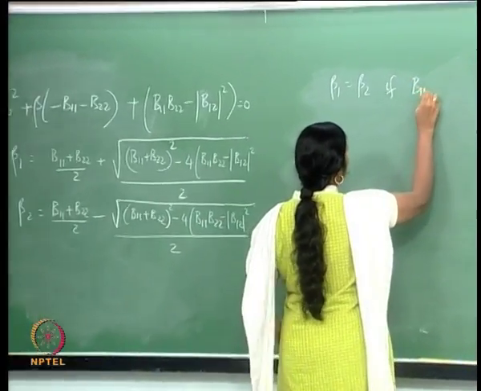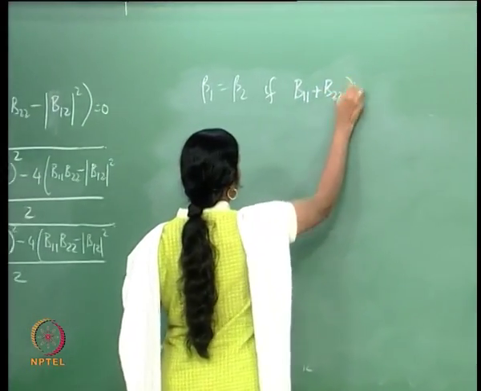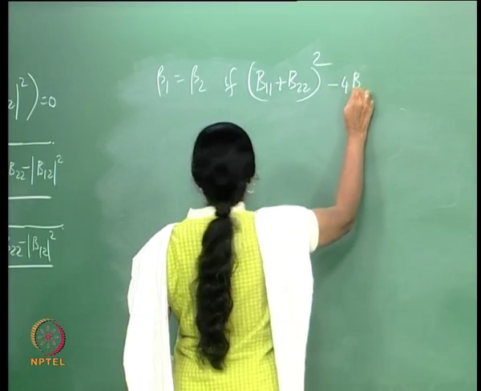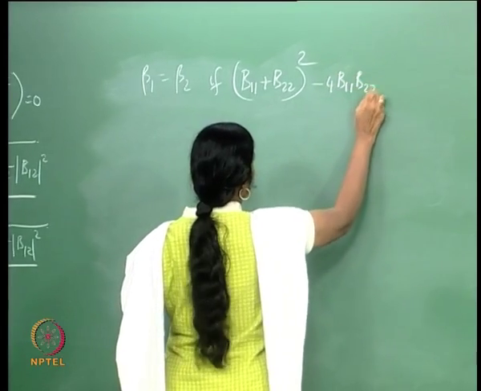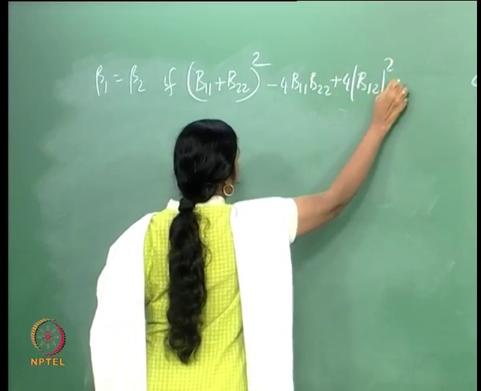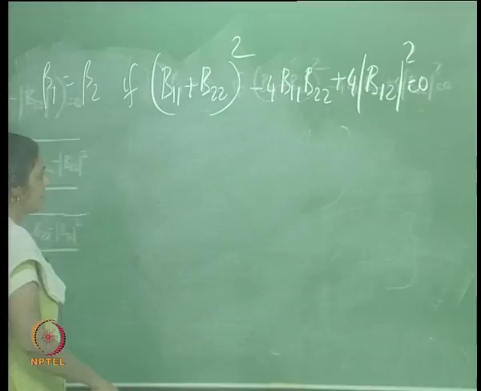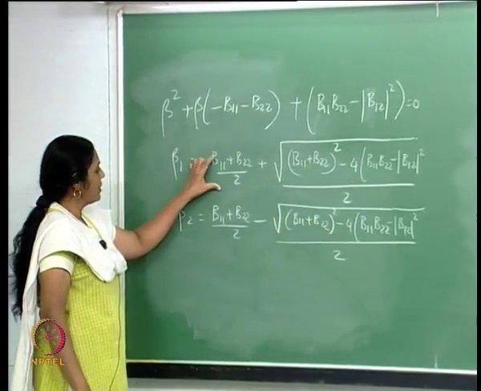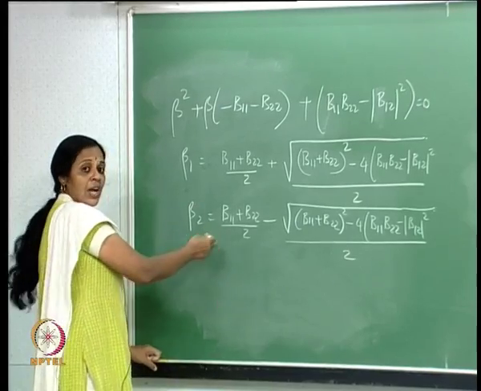So, if B11 plus B22 the whole squared minus 4 B11 B22 plus 4 mod B12 whole squared is 0. So, certainly if this vanishes, then beta 1 is B11 plus B22 by 2, and so is beta 2.